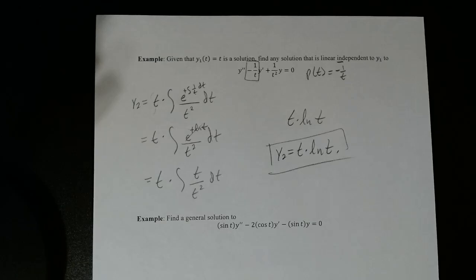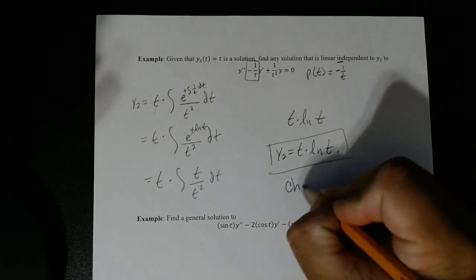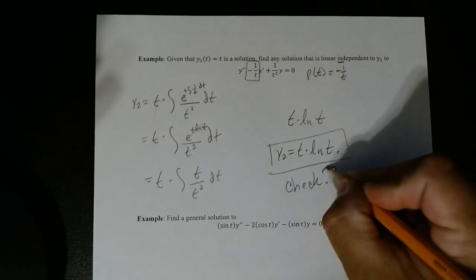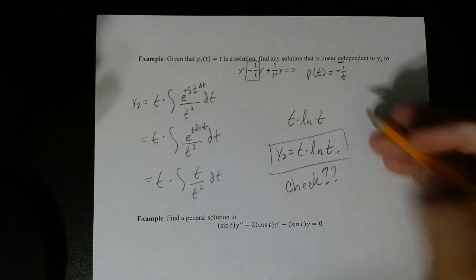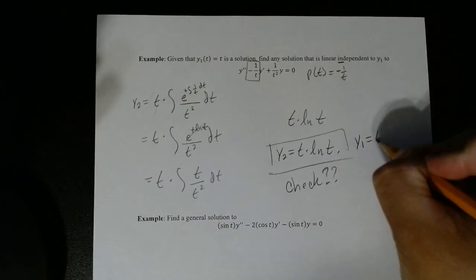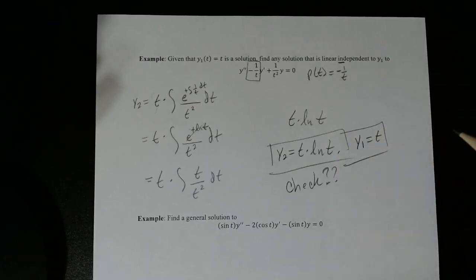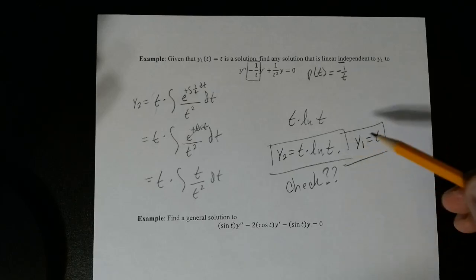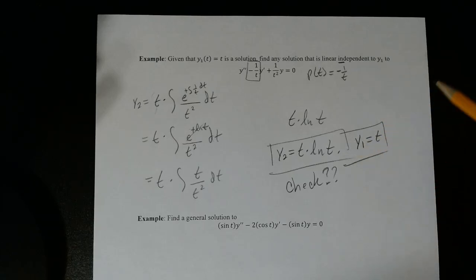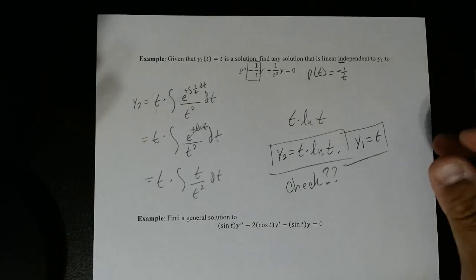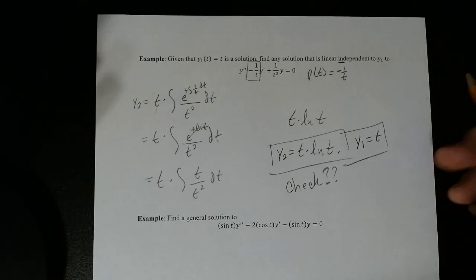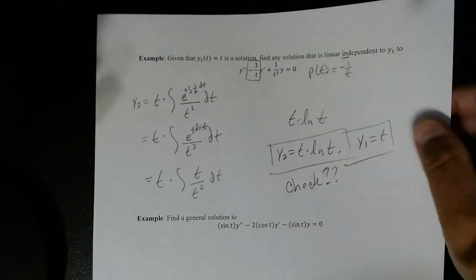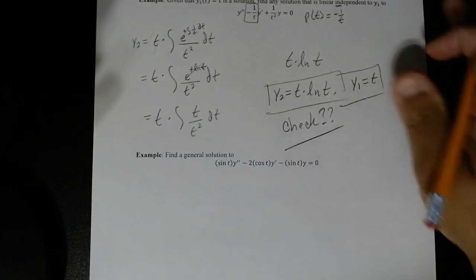Now, if you wanted to check that these two are linearly independent, well, what do you do? Find the Wronskian and make sure it's non-zero. That's it. As long as it's not zero, we're A-okay. Nice little check there.